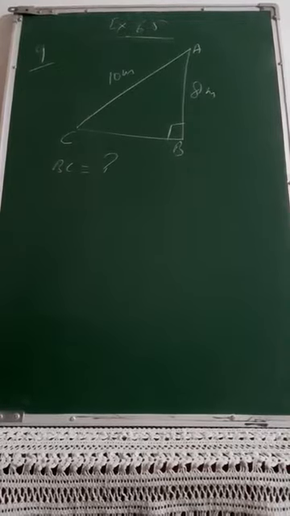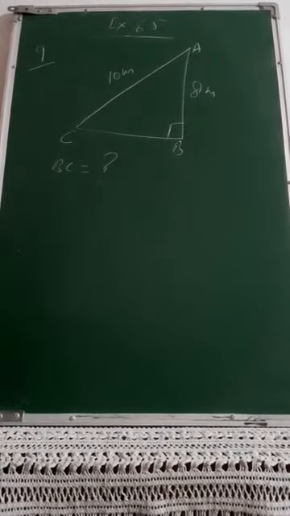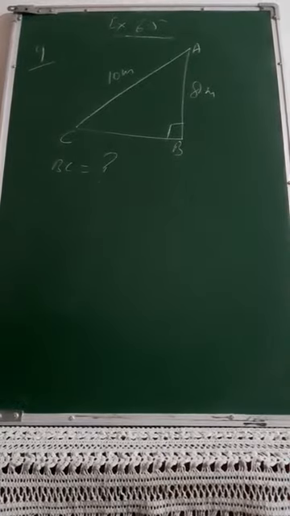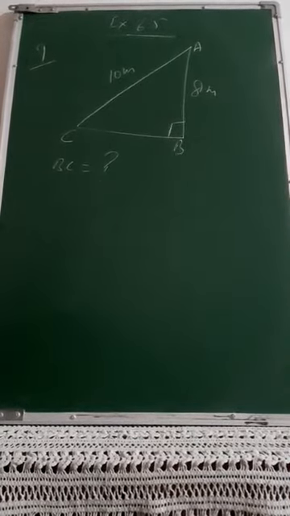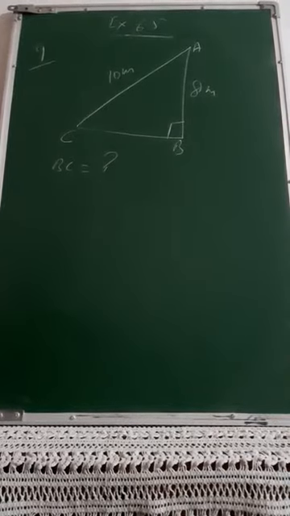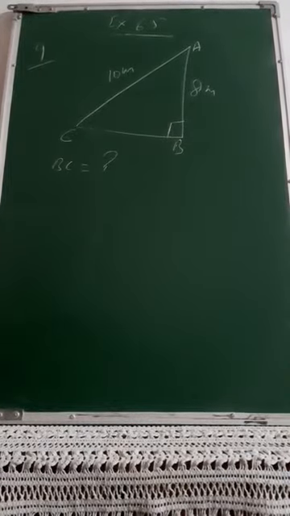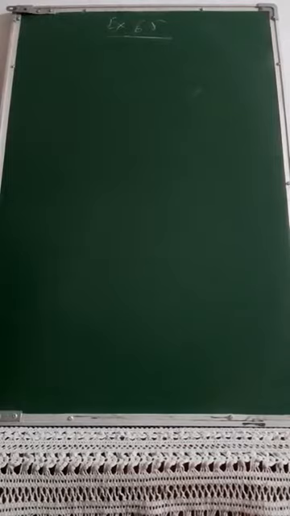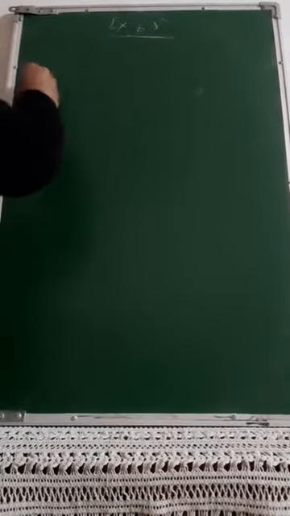So 10 square is 100, 8 square is 64, 100 minus 64 is 36. So BC square is equal to 36, so BC will be equal to 6. Please make a note of that. I hope all of you can do that comfortably. So this question was your number 9. Then let us come to number 10.